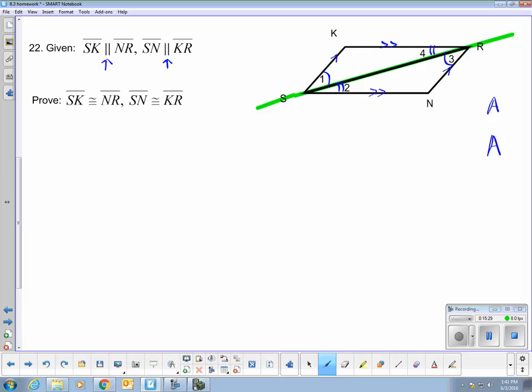And then finally, we need one more thing to say that the triangles are congruent. And in this diagram, I noticed that both triangles share a common side, and that would be segment SR. So we're going to say that they share a side in common for one pair of sides.